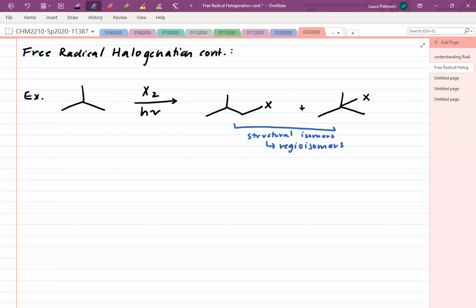So what I want to do is give you the experimental yield. When we actually ran this reaction in the lab, this is the experimental yield of both of these structural isomers for when we used chlorine and for when we used bromine. I'll also introduce something called the statistical yield. I'll leave a line here for the statistical yield, but I'll fill that out last.